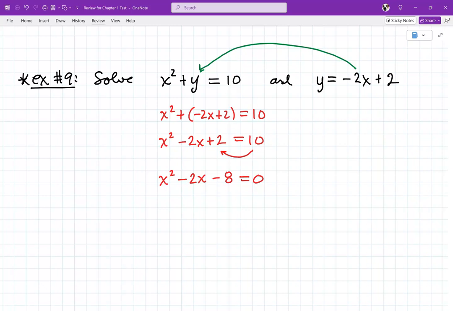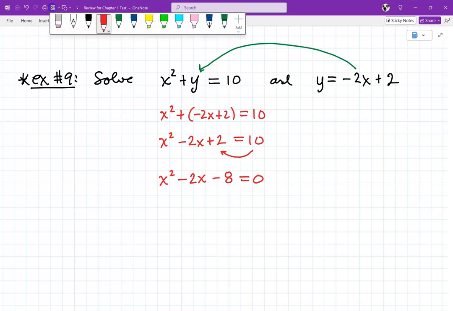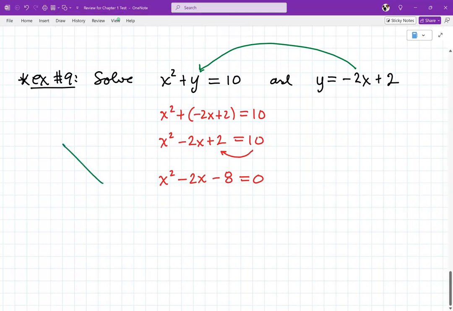So here we go. Now I get to factor using the x method, right? This is my a, my b, my c. Thankfully, a is 1, so I don't have to worry about division. So let's see. A times c, that's negative 8. B is negative 2. I need 2 numbers that multiply to negative 8 that add up to negative 2. So this would be negative 4 and a positive 2.